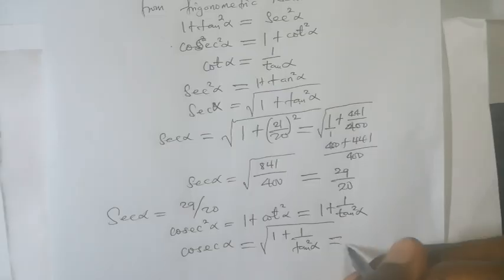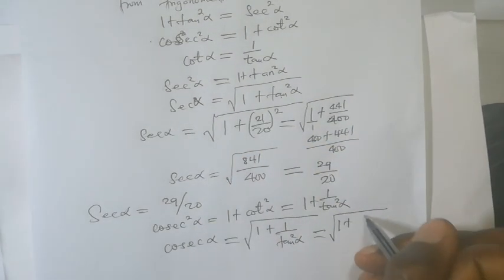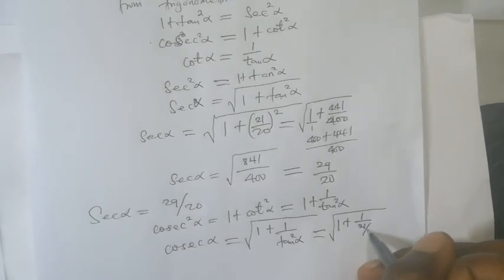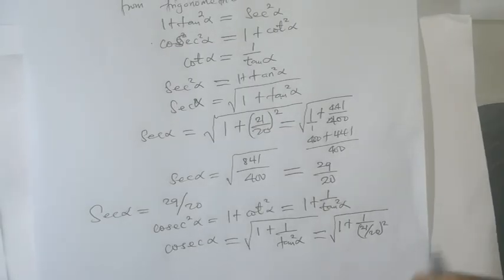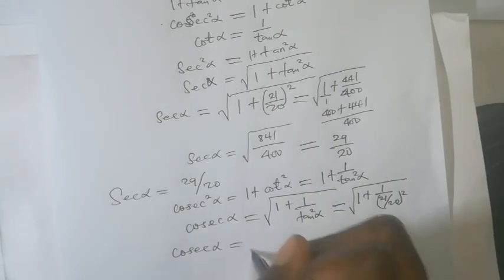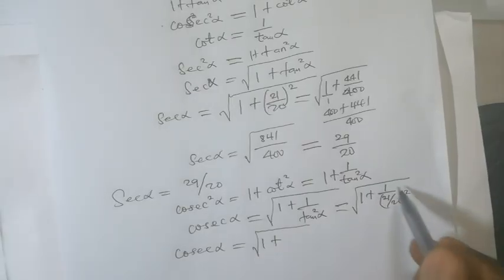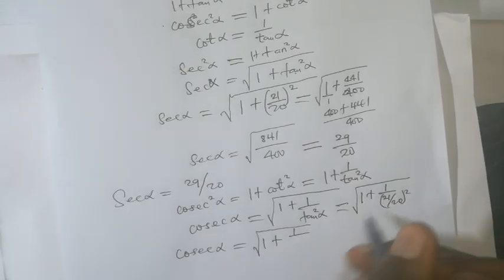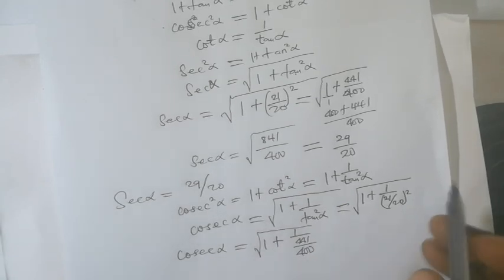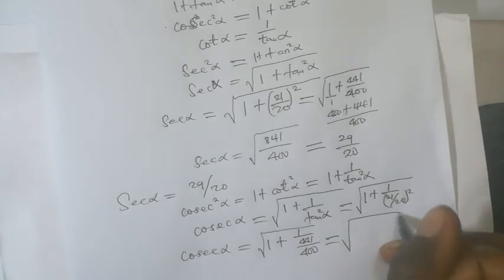Which now transforms to 1 plus 1 over, and our tan alpha is 21 over 20, which is squared. So cosec alpha is the square root of 1 plus, where 21 square is 441 over 400.